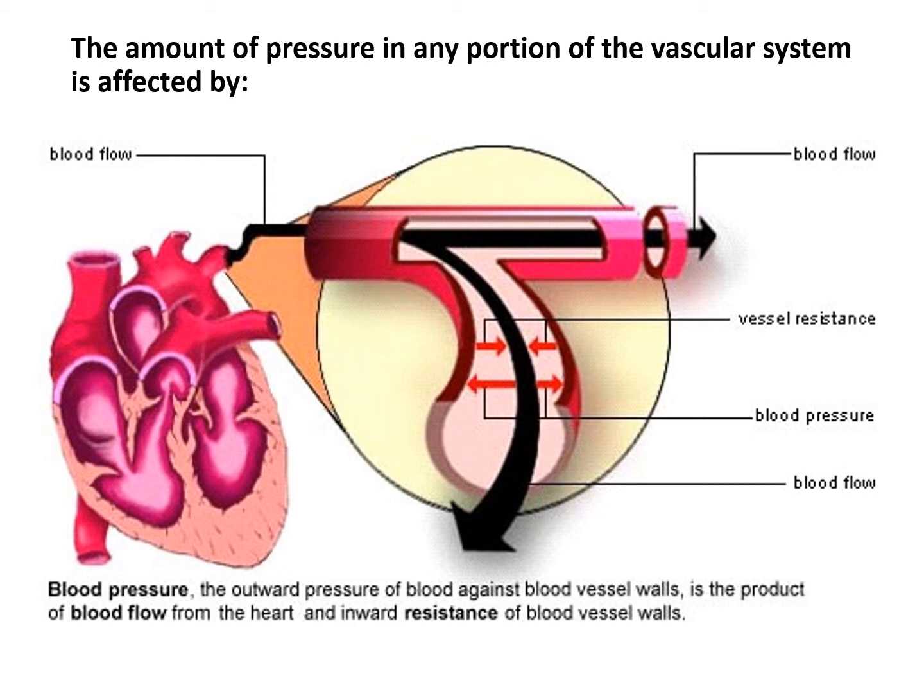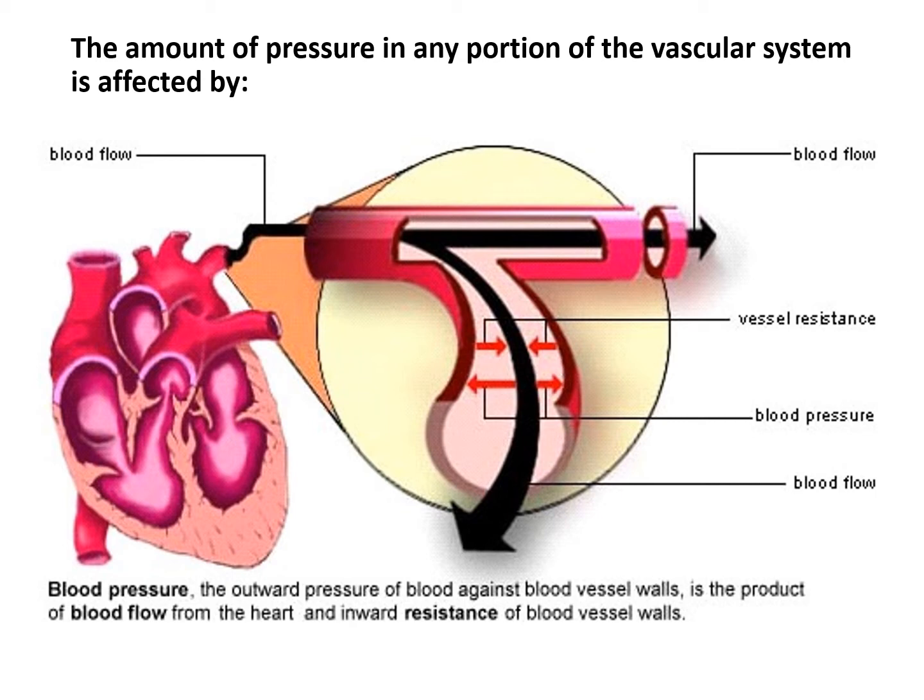So pressure differences within the system allow blood to move forward. The amount of pressure in any portion of the vascular system is affected by blood volume, vascular resistance, and cardiac output.